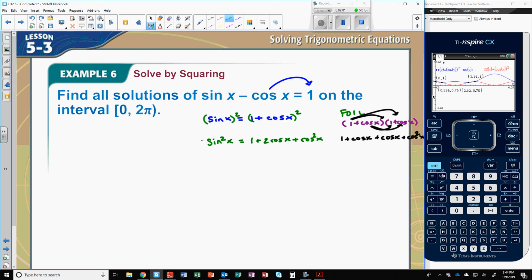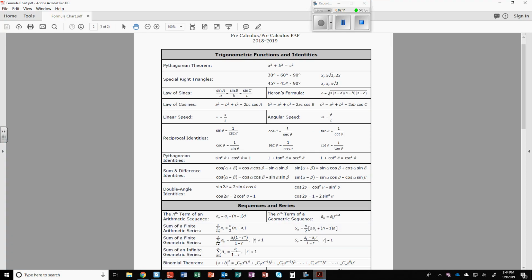Now, to simplify this problem, I have the sine squared x over here. I have 1 plus cosine squared. Now, first you could check, is that the Pythagorean identity? 1 plus cosine squared x? And you'd find out it's not. Unfortunately, if cosine squared was over here, it would be 1 minus cosine squared. But what I can do is change out that sine squared.